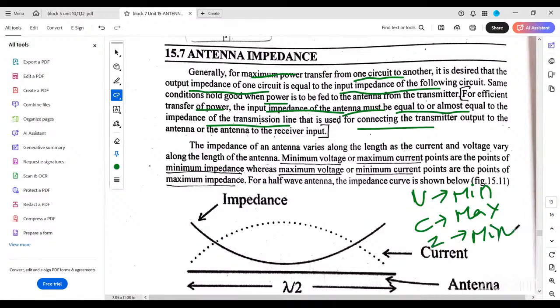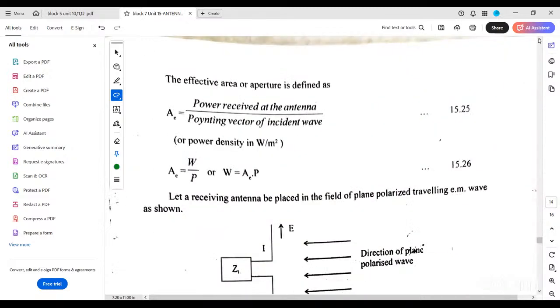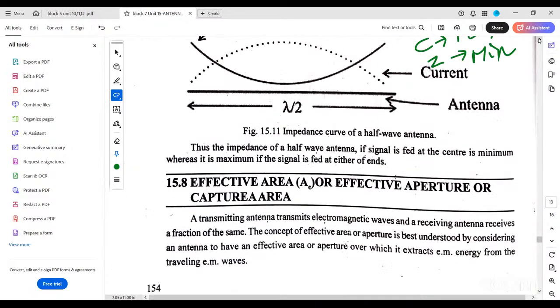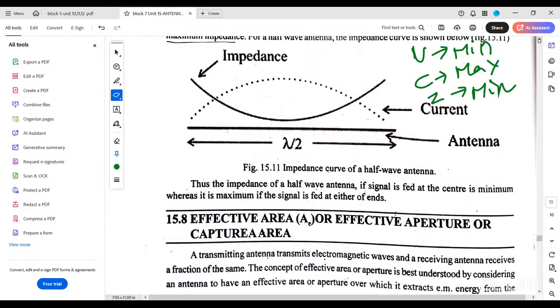Similarly, another condition: voltage is maximum, current is minimum, and the impedance is maximum.